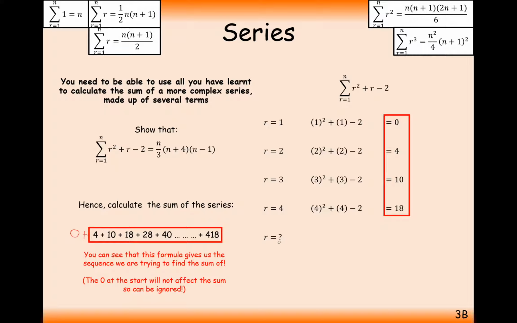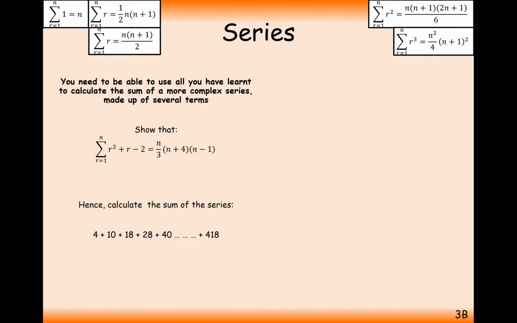We need to know how high we're going to add up to, or what number we need to substitute in to get 418, which is the last term that will be summated. So what we need is r squared plus r minus 2 to equal 418.